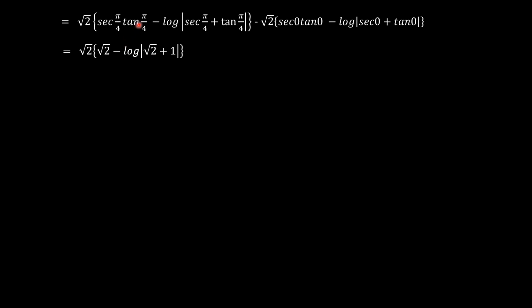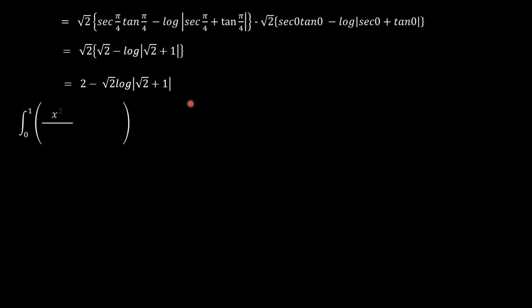So it becomes root 2 times root 2 minus log of absolute of root 2 plus 1. And so root 2 times root 2 is 2, minus root 2 times log of root 2 plus 1.